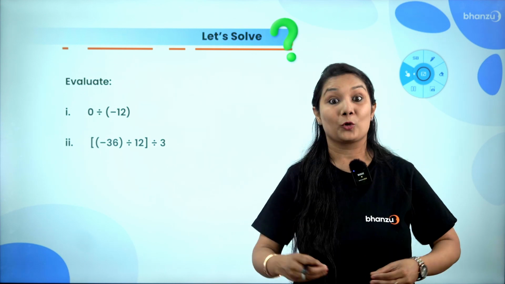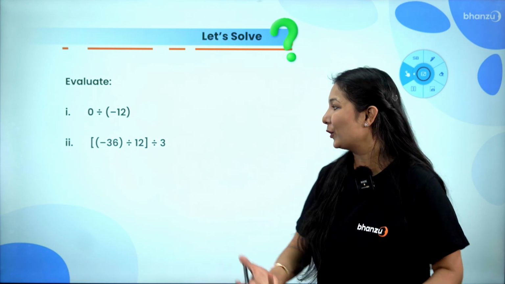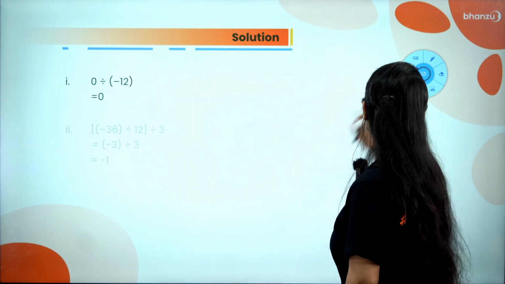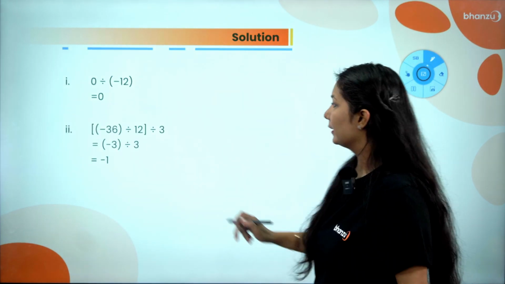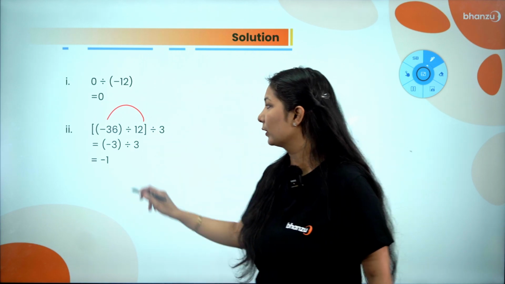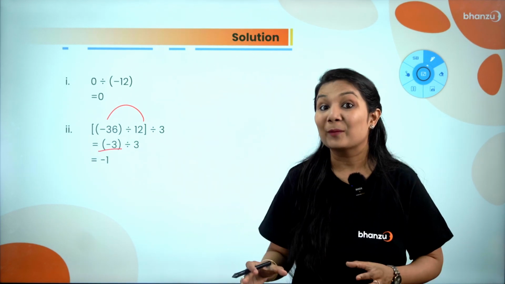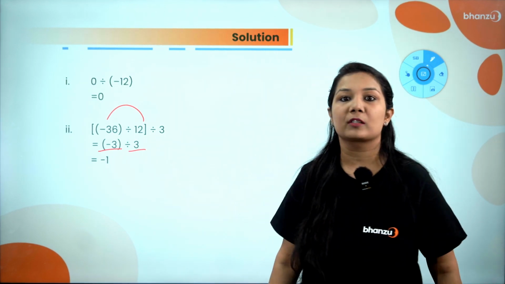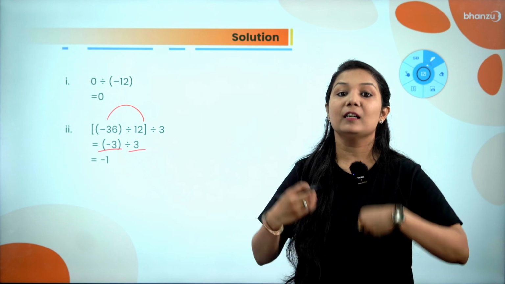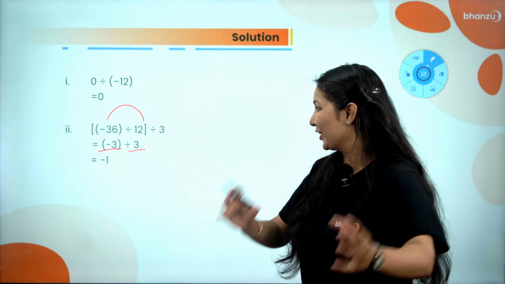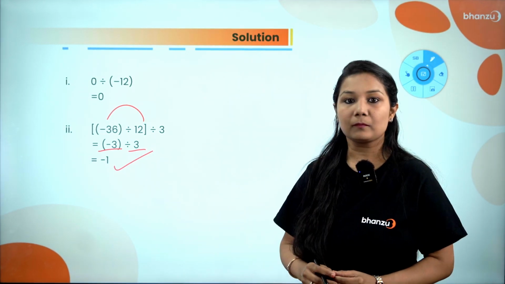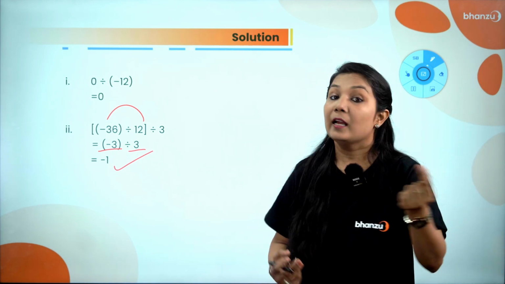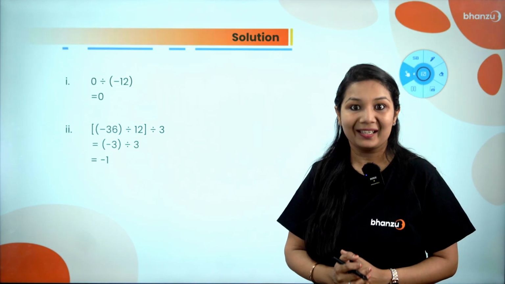So -36 divided by 12 gives us -3, and we have divided by 3 outside the bracket. Again, a negative integer divided by a positive integer gives a negative quotient, so it is -1. I hope everybody is able to recall the division concepts from the previous session, right?